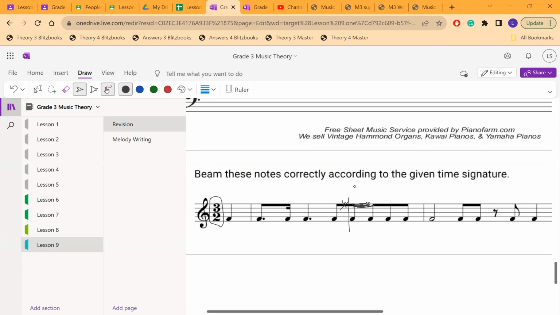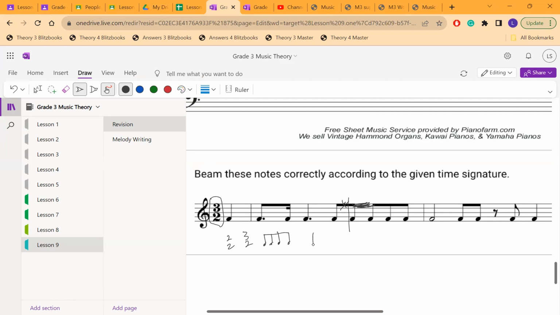If you have, for example, a crotchet interrupting it, then obviously you can't beam the crotchet together because it wouldn't be a crotchet anymore. So 2/2 and 3/2 quavers are grouped in 4, only when you have consecutive quavers. If you have something breaking in the middle, you have to break the beam and then continue it on.